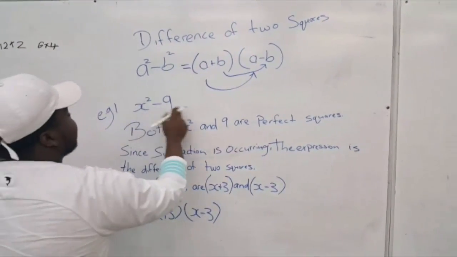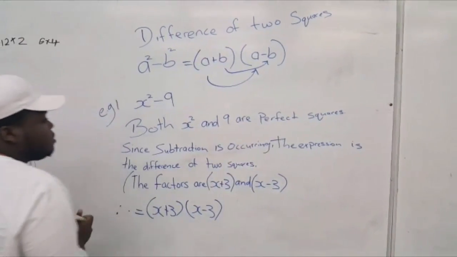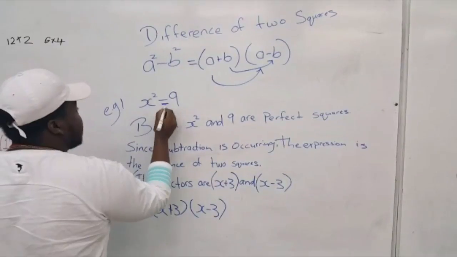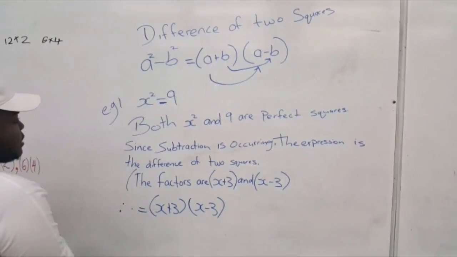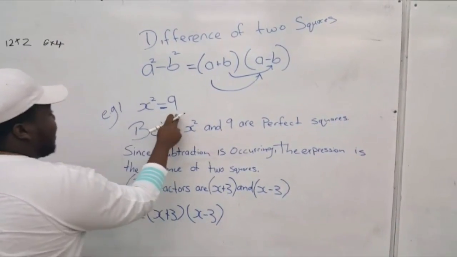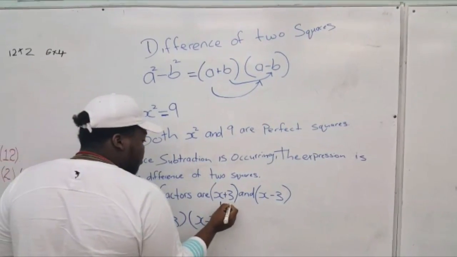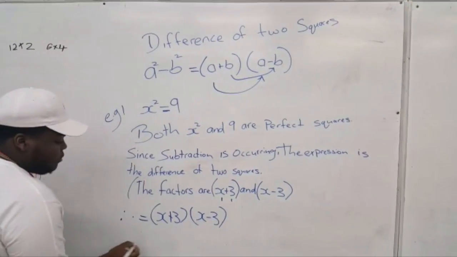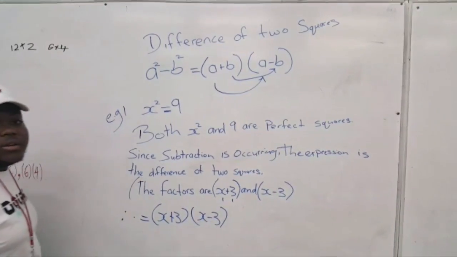X squared minus 9. Both x squared and 9 are perfect squares. So since subtraction is occurring, you know that the expression is a difference of two squares. And the square roots of x squared and 9, you can see down here, are x and 3. So therefore the answer will be x plus 3, x minus 3.